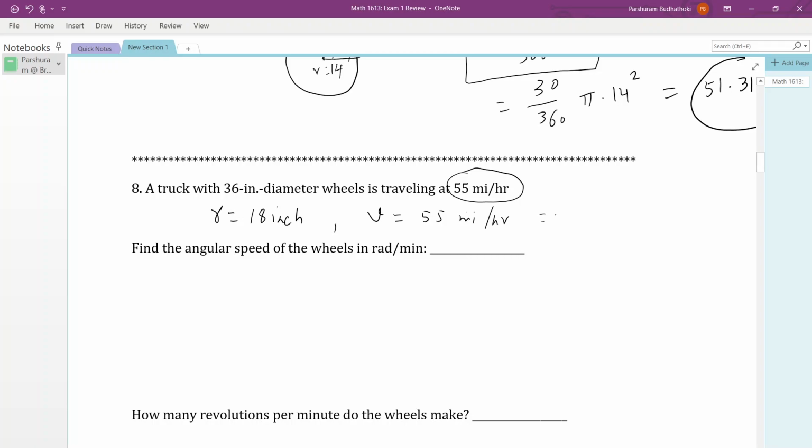And we can do that. Miles can be changed into inches by multiplying by 63,360, because 1 mile is equal to 63,360 inches. So if you multiply this by 63,360, now it's going to be in inches.